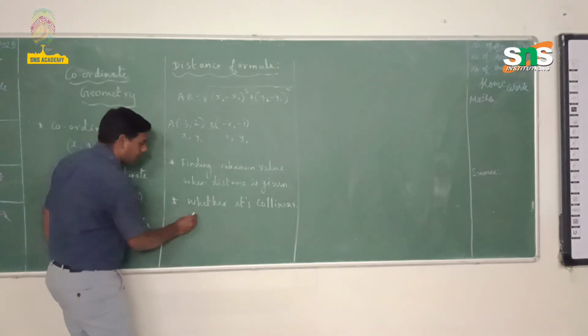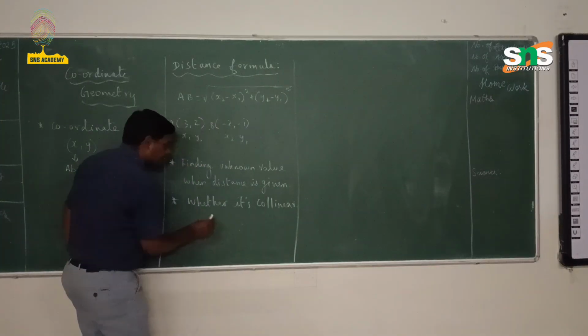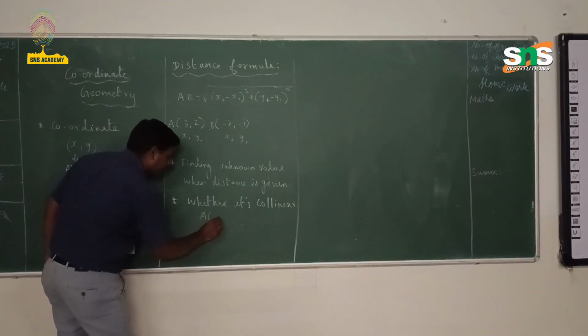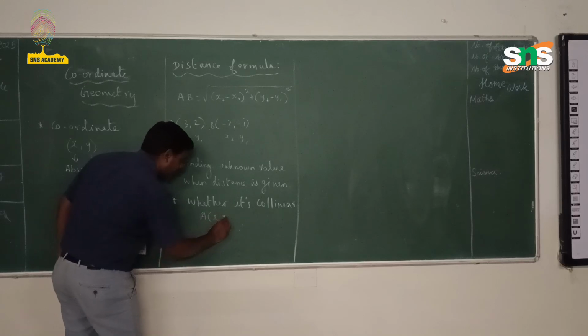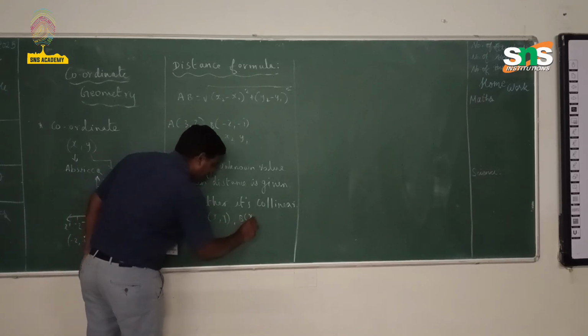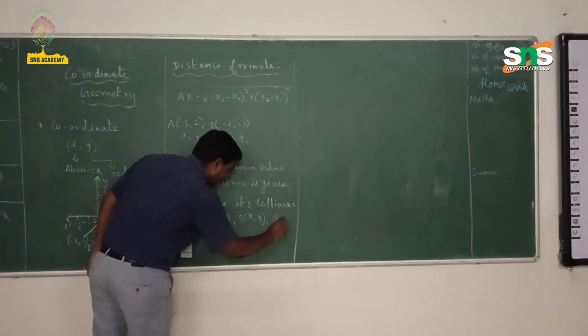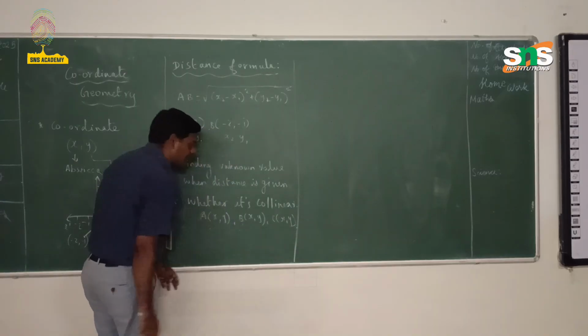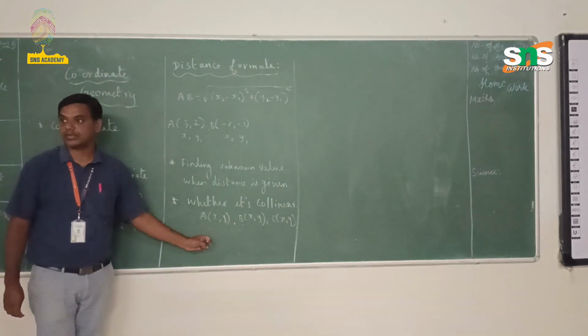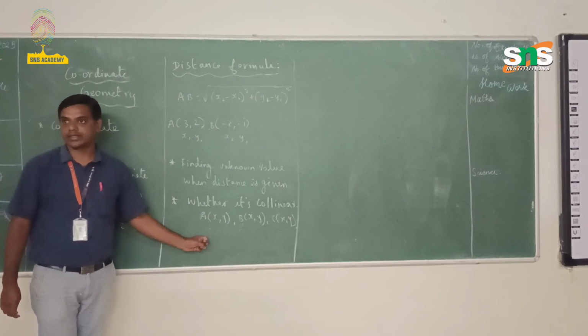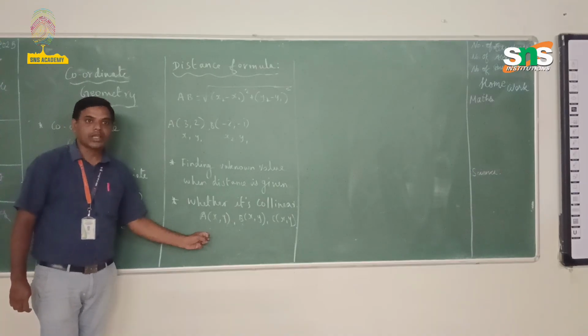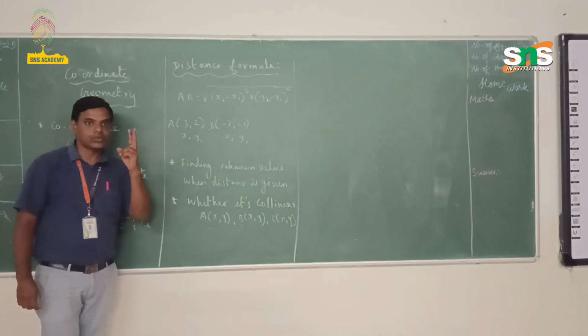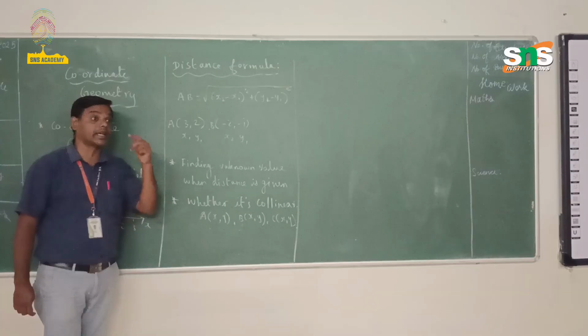For checking collinearity, we'll have 3 points: A of x comma y, B of x comma y, and C of x comma y. This collinearity is used in triangles. Collinear is nothing but the sum of two sides is equal to the greater side.